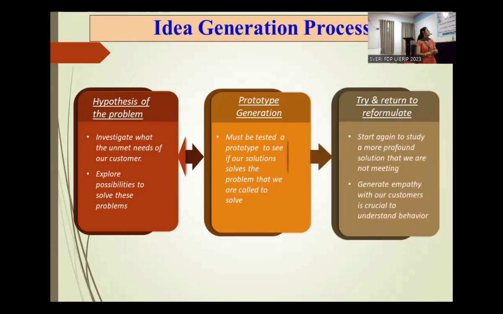Then third is try and return to reformulate. This third part is very important if you want to switch to business. Once the prototype model is there, testing has to be carried out. Testing here does not mean what we do for normal final year projects.